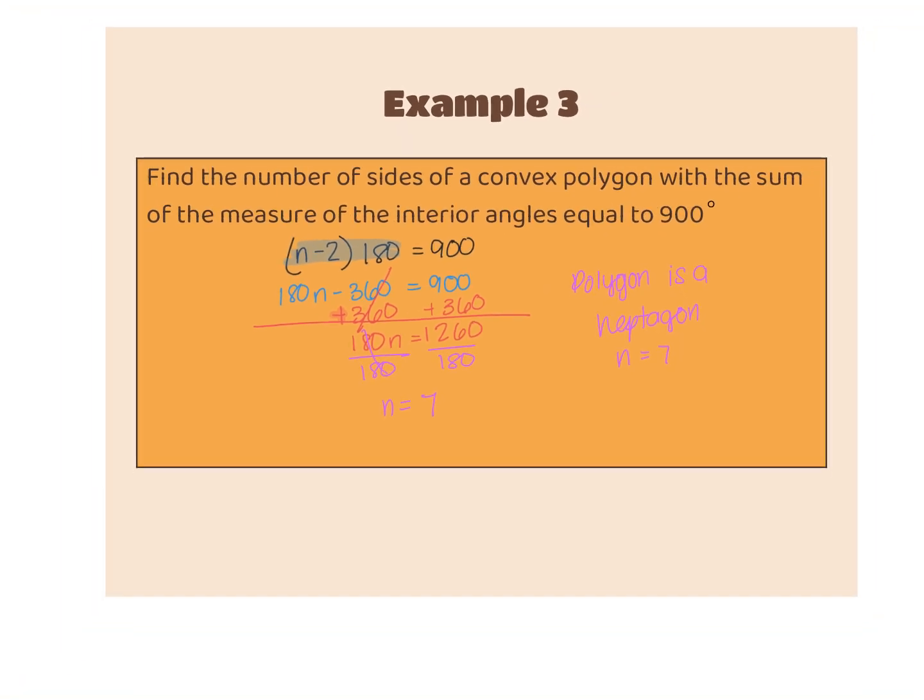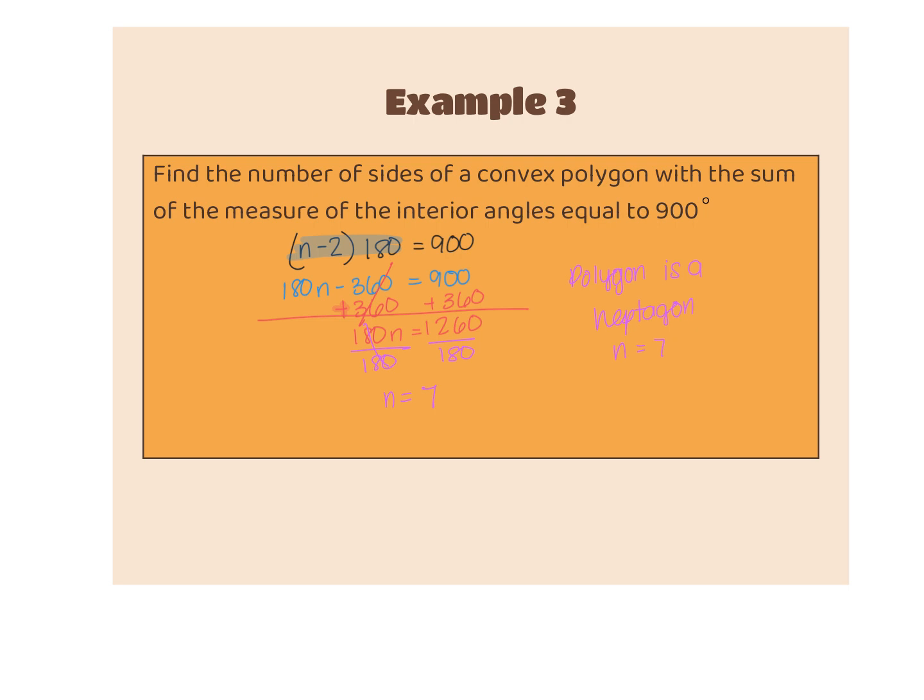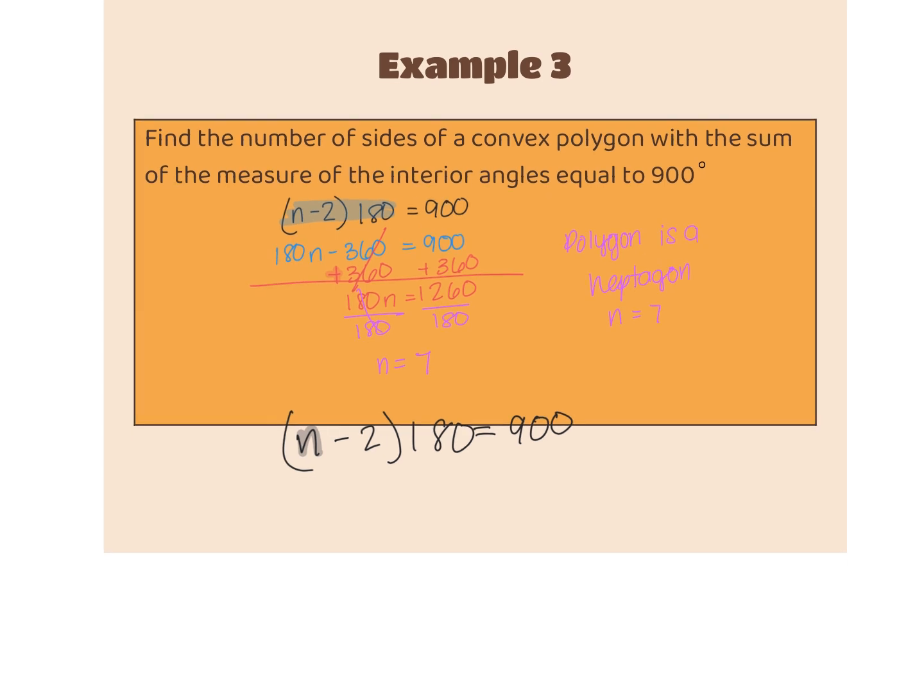Another way to solve this is if you have n minus 2 times 180 equals 900. You can get rid of your 180 by dividing both sides by 180, and that gets rid of your 180.